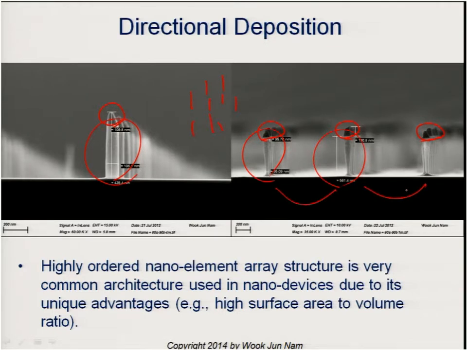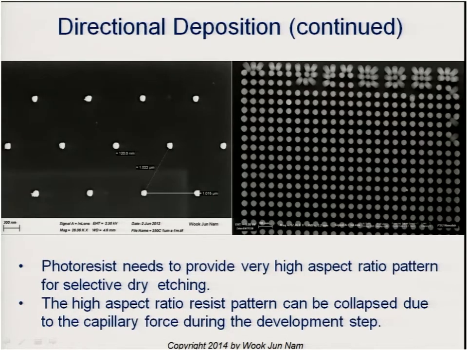So people want to make highly ordered nano elements. The first choice is to make these structures by dry etching. This is the photoresist, and this one is on a hard mask.